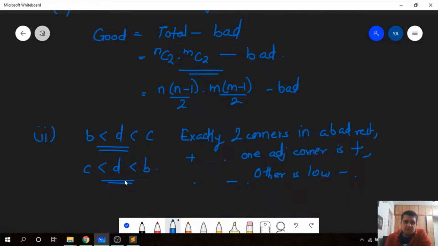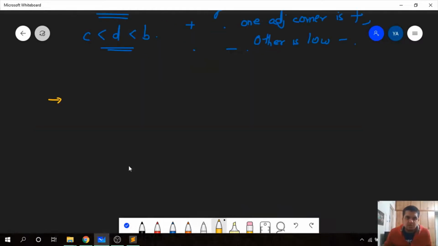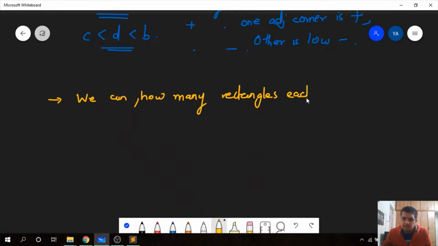Now let us try to count the number of bad rectangles. So for counting rectangles, we can just calculate how many rectangles each corner is a part of. So here we are talking about bad rectangles, and for this we can use sorting orders.